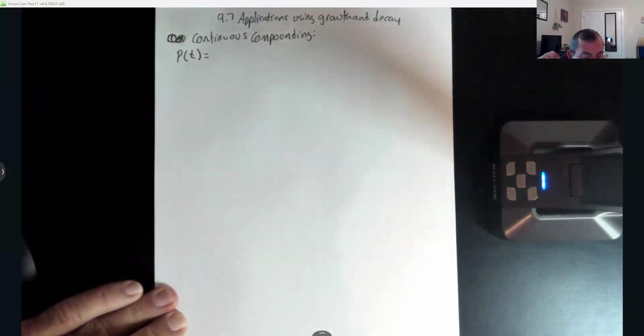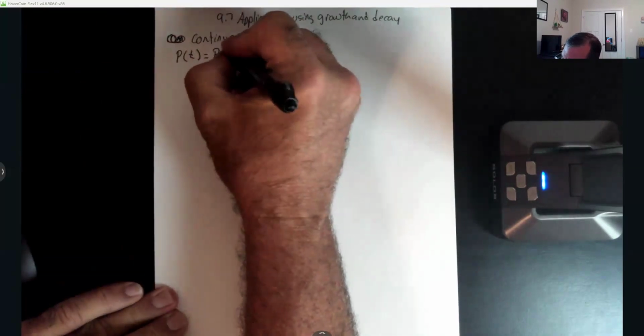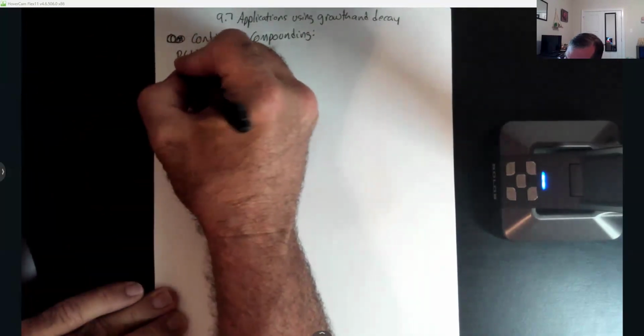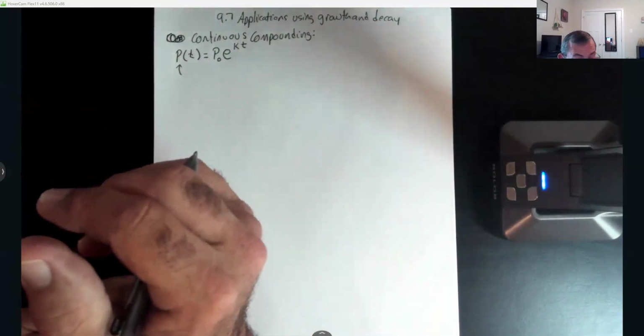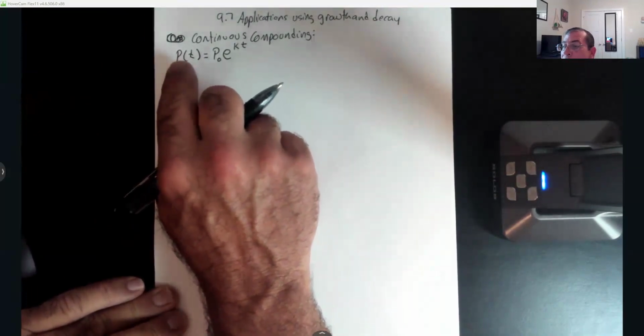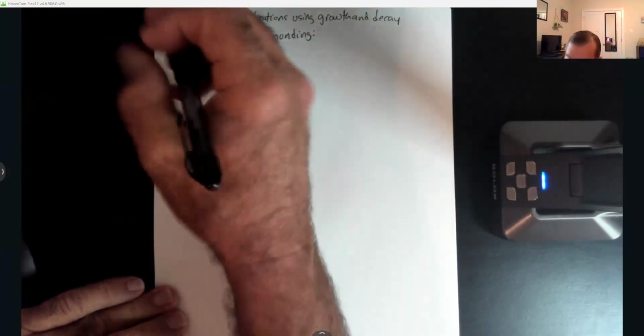So P of t equals P subscript 0 times e to the k t. For this formula, they use a P because the formula is used a lot in population. So P is the population or amount in the bank at any time t.